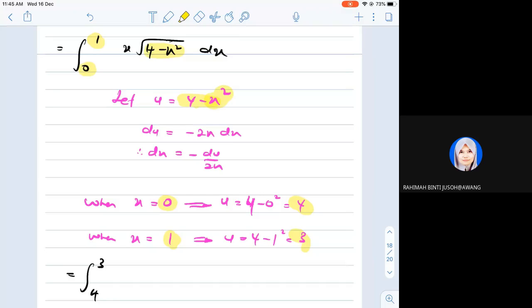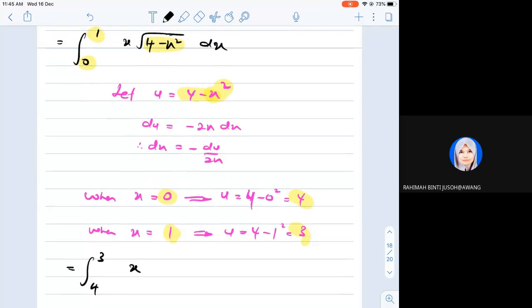Okay, now we will have here guys, x, you copy balik x. And then square root 4 minus x squared tu dia jadi square root u, because the whole thing is u. So dx equals negative du over 2x.